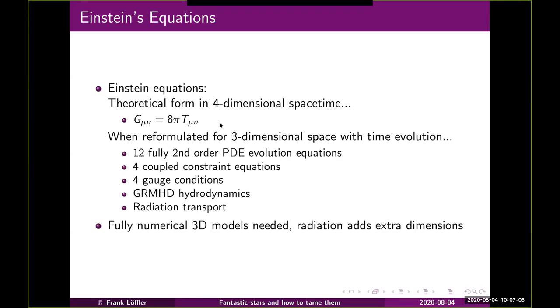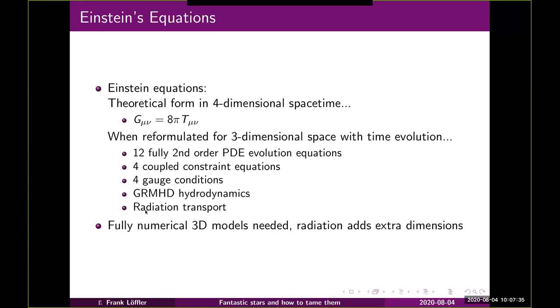And then you can reformulate them in three-dimensional space with a time evolution, and you get all these equations that are listed here. So in particular, besides the space-time evolution, you get GRMHD hydrodynamics. That means not just hydrodynamics, but also magnetic fields.